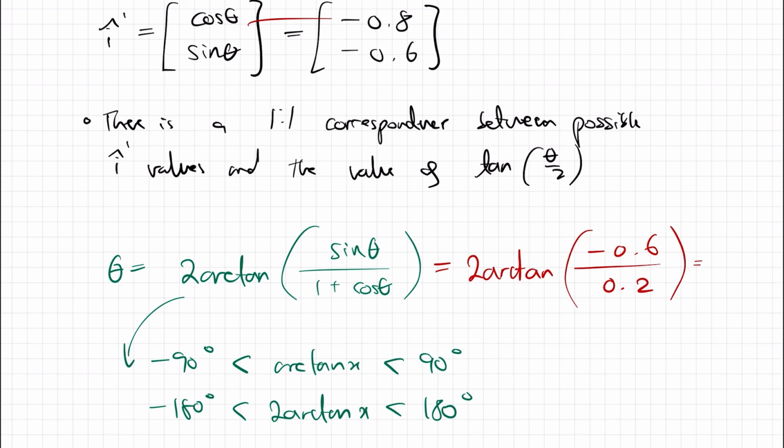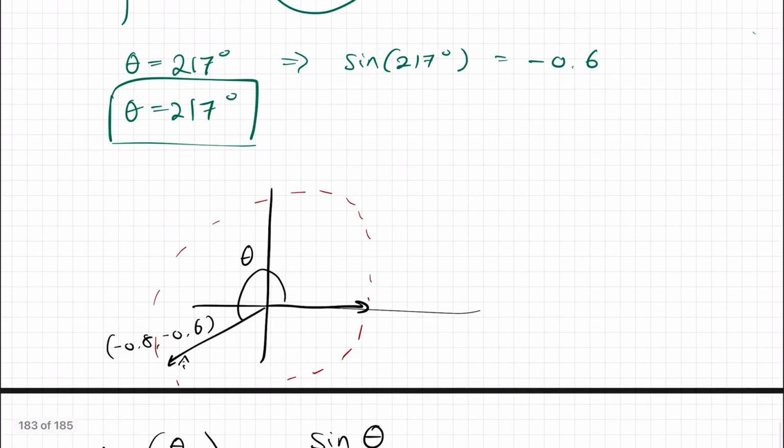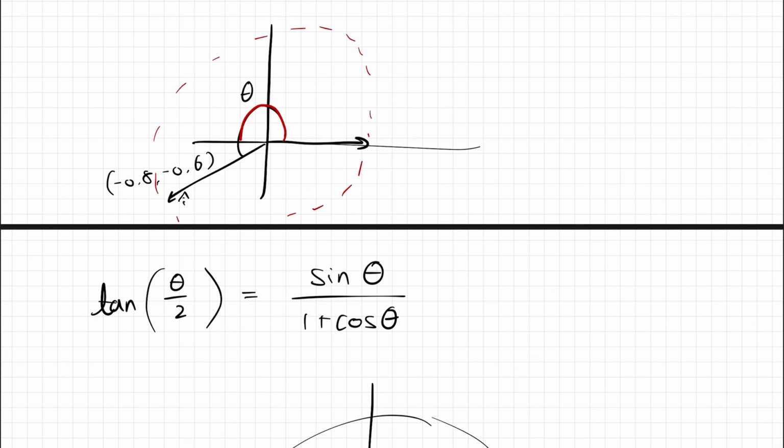So 2 times arctan of minus 0.6 over 0.2, and we do get minus 143 degrees. So if we look at the original rotation, this is equivalent to rotating it this way, minus 143 degrees.